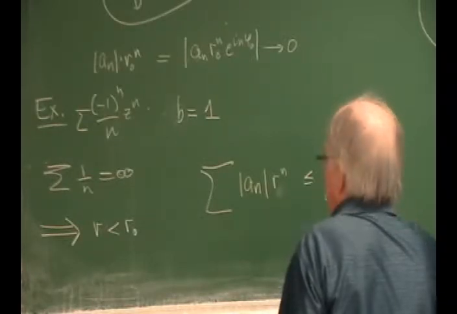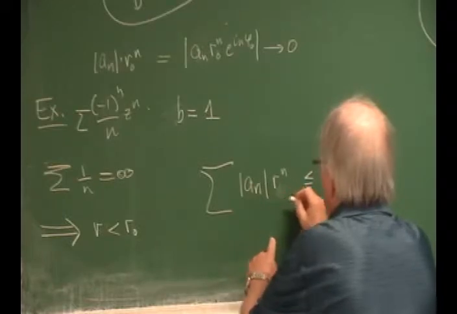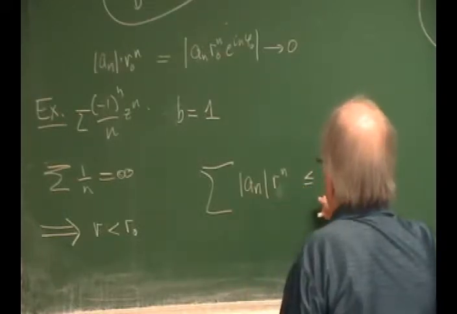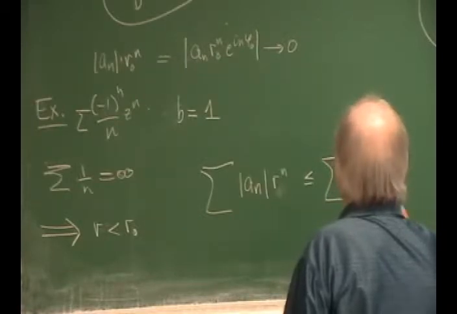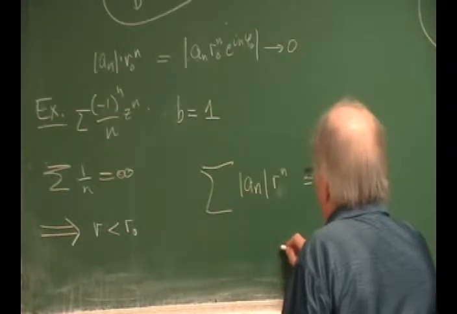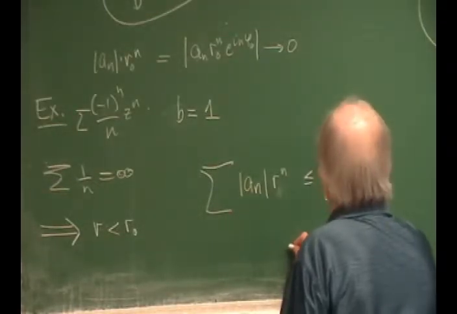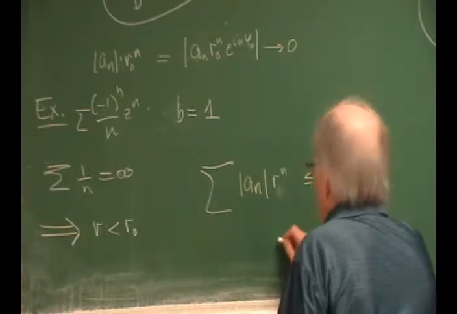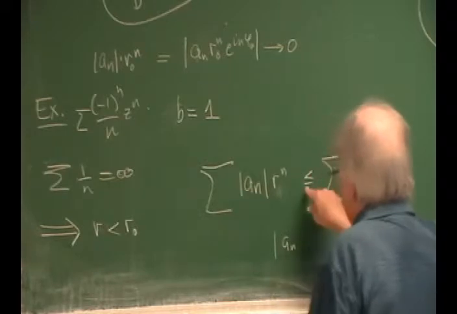Well, so have I done this right? I want to put in an r_0 here. So, no. What do I want to do here? What do we have about this? So let's look at this.